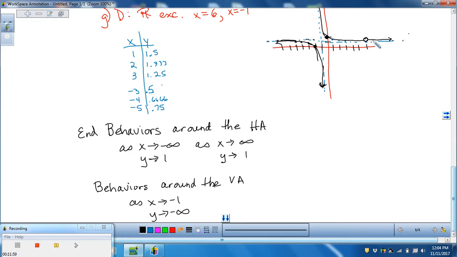This would be talking about the left side of the vertical asymptote.